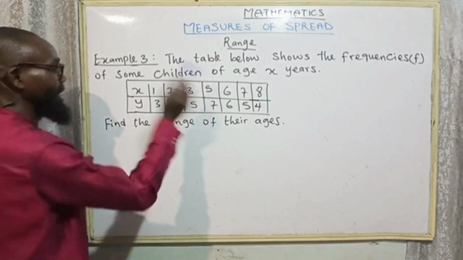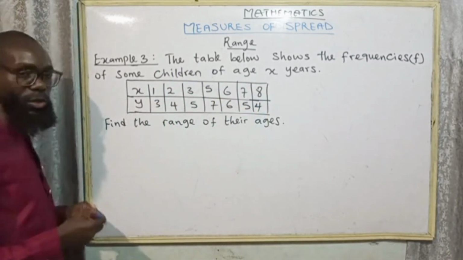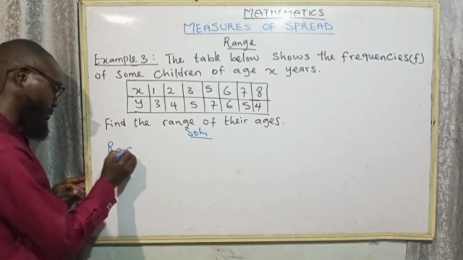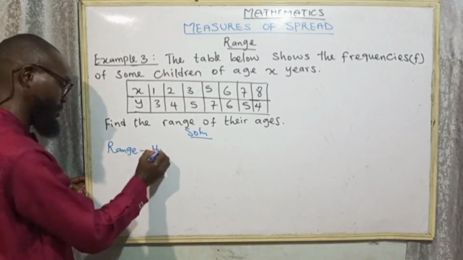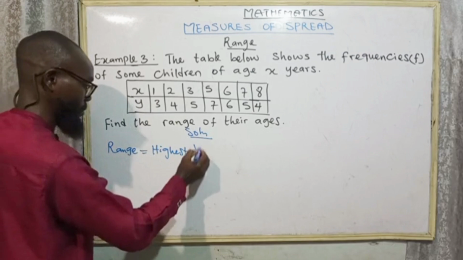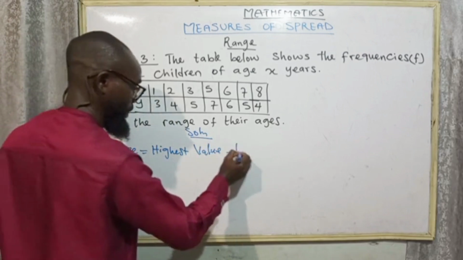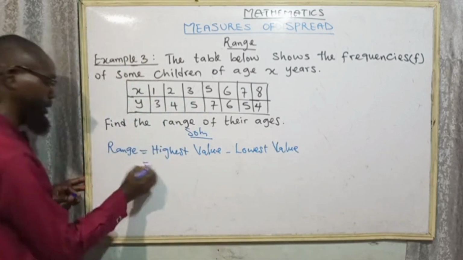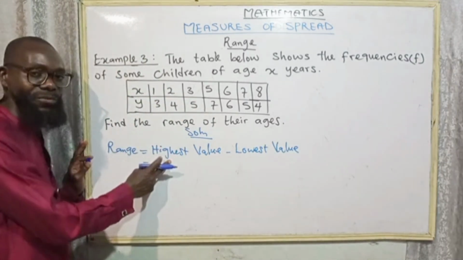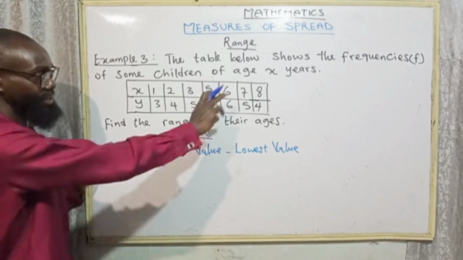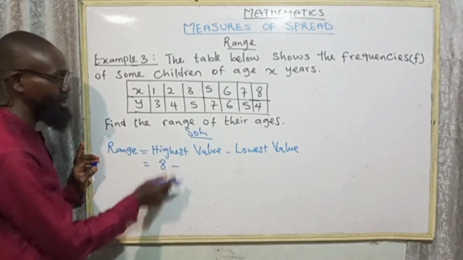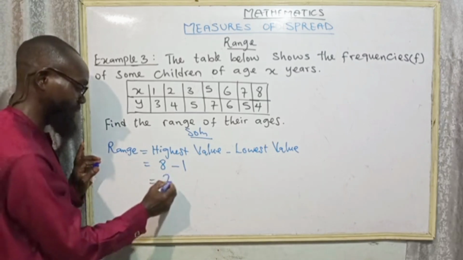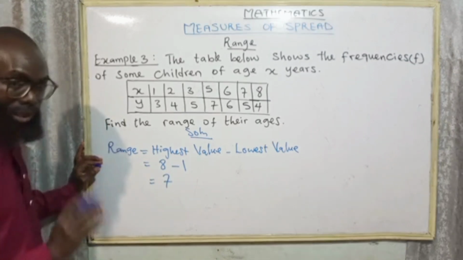So for the age, the highest value is 8 and the lowest value is 1. So for the range, we have highest value minus lowest value. The highest value of the age is 8, minus the lowest one, which is 1. So 8 minus 1, we have 7. So the range is equal to 7.